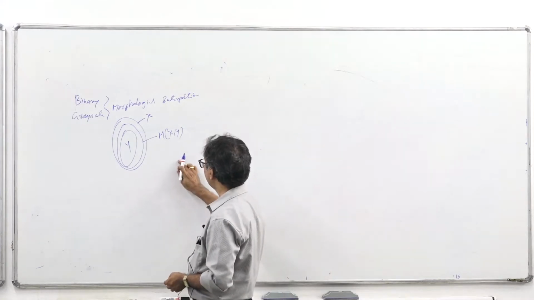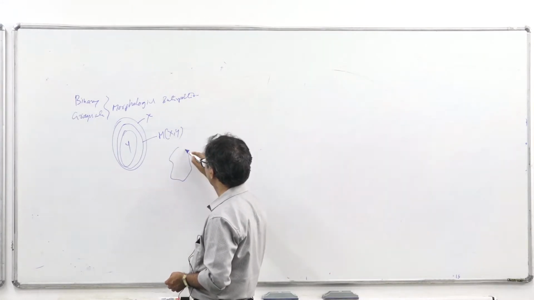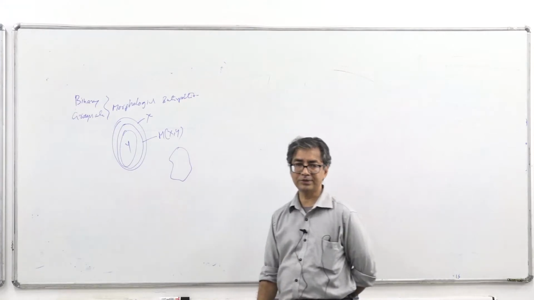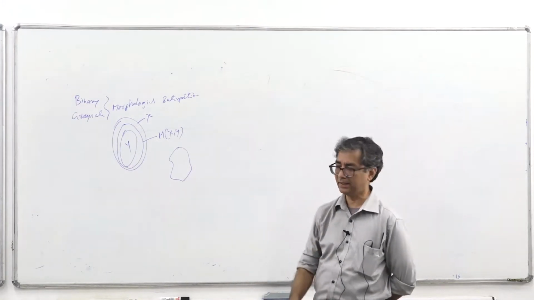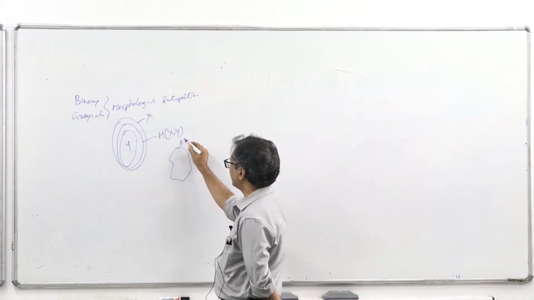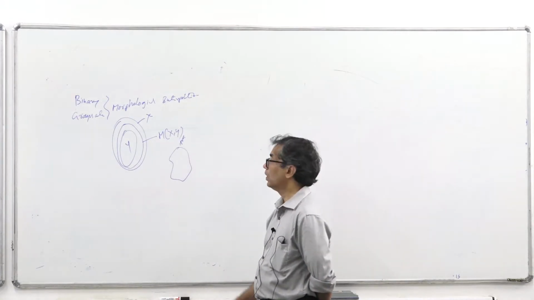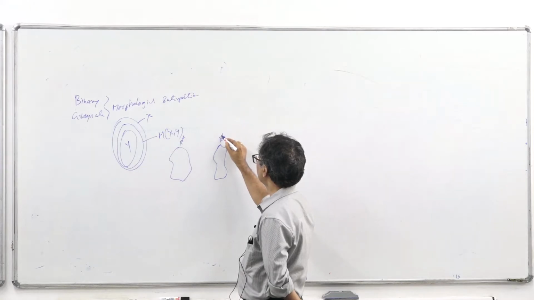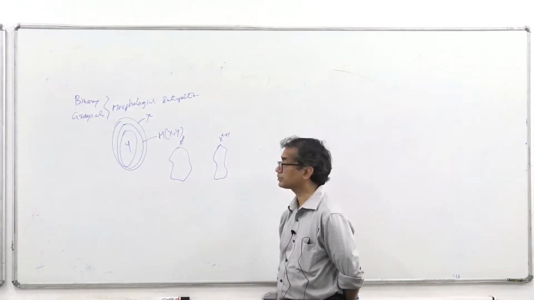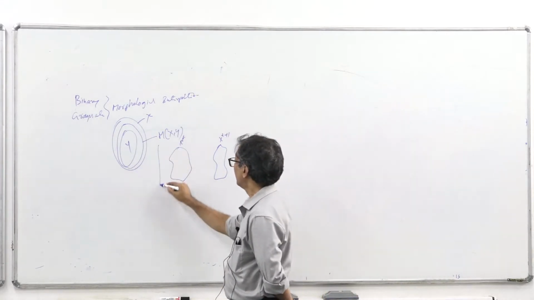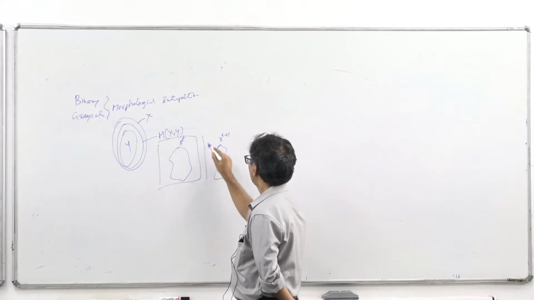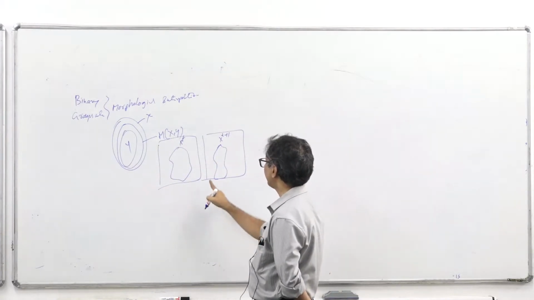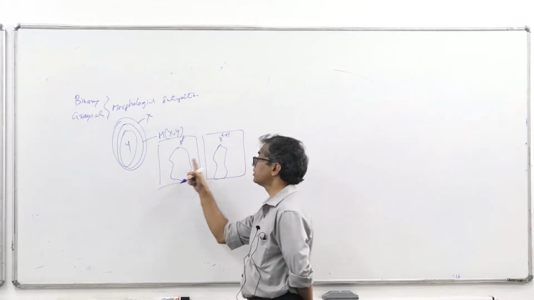Or alternatively, you have probably a rock object, or let us say a sand grain at time t. Over a period of time, that grain has become like this. So, can we find out what is the morphological relationship between these two?